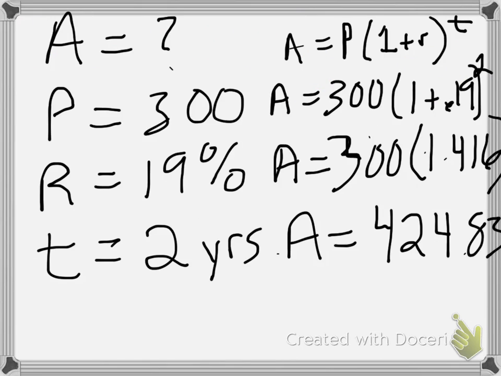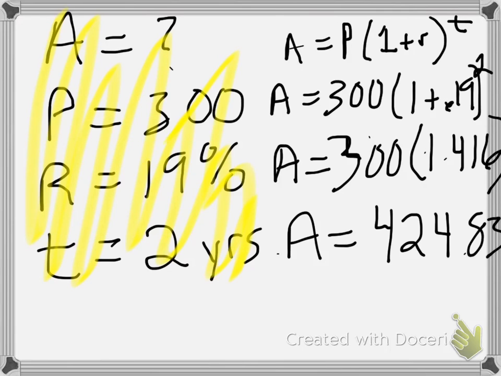Okay, so here's the first example. On the left side here is what we're looking at. This is the question. Basically it tells you, hey, the principal's 300, your rate's 19%, and I'm looking at doing it for 2 years. Okay, so I have to plug in what I know to my formula. My formula is right here at the top.